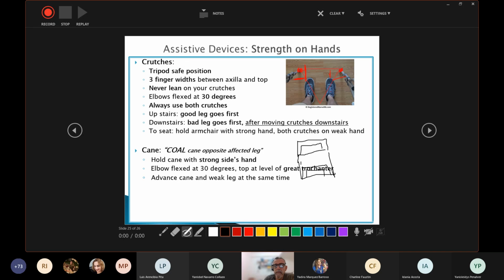And when the client is approaching backward, the client is going to hold the two crutches together on the weak side, while the strong side hand is holding the arm of the chair, and then is going to sit, and the same to stand.